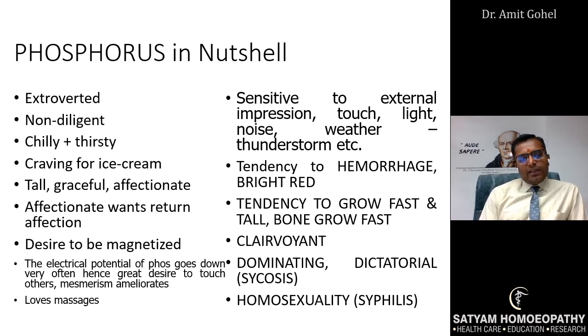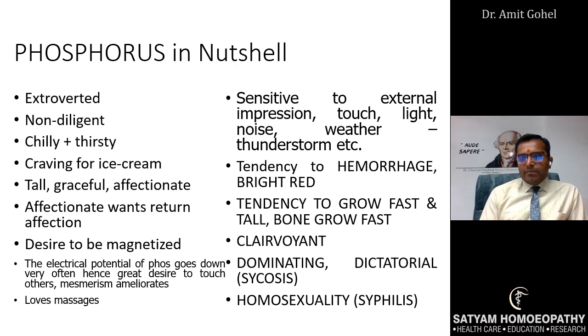Again, there is another sensitivity: desire to be magnetized. See, the phosphorus patient has some electrical potential and this goes down very often. So they want someone else to give the electrical potential. They want to be touched, they want to be kissed, they want to be mesmerized, they want to be magnetized.